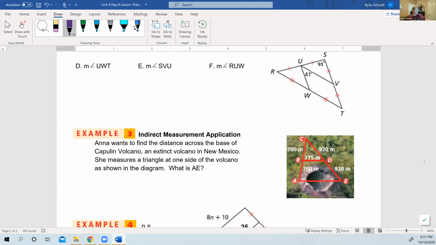Now, one thing I'll say here, we know mid-segments have to be parallel, which means we can use all the deals we learned with parallel lines in Unit 3. Alternate interior, alternate exterior, corresponding, all that good stuff we get to use here.